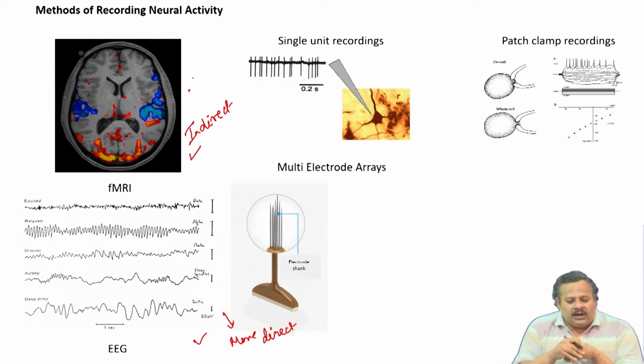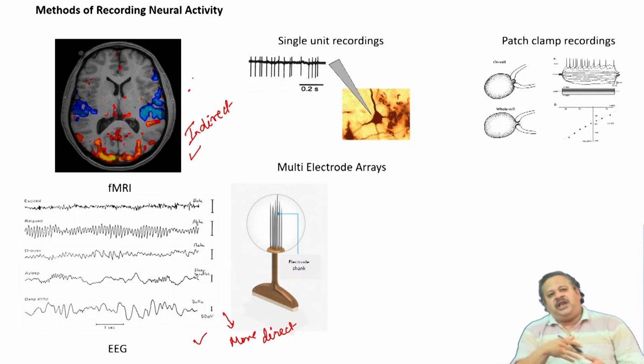And what fMRI allows us is to measure the magnetic field gradients that are created by application of an external magnetic field, because when the hemoglobin is deoxygenated, it becomes paramagnetic, while when it is oxygenated, it is diamagnetic.